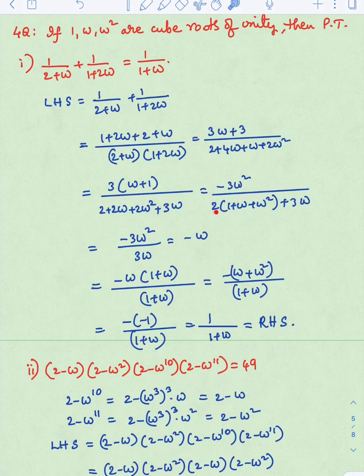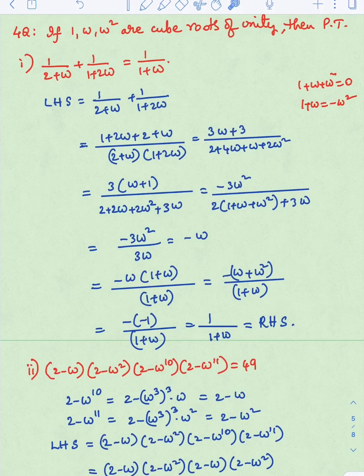So, in these three terms, 2 is common. 1 plus omega square is written in bracket, plus 3 omega. And in the numerator, 1 plus omega is minus omega square. Why? 1 plus omega square is 0, no? So, when you write 1 plus omega, it will become minus omega square.